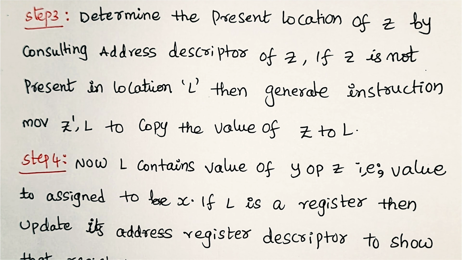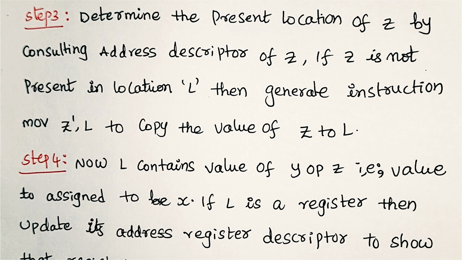Now when we go for step 4, you see, now L contains the value of y op z. First we find the location of y, then we find the location of z. So that's why it says now L contains the value of y op z, that is the value assigned to x, because x is equal to y op z.